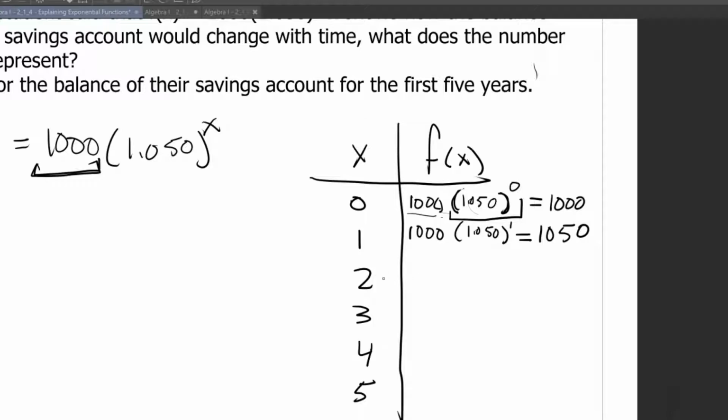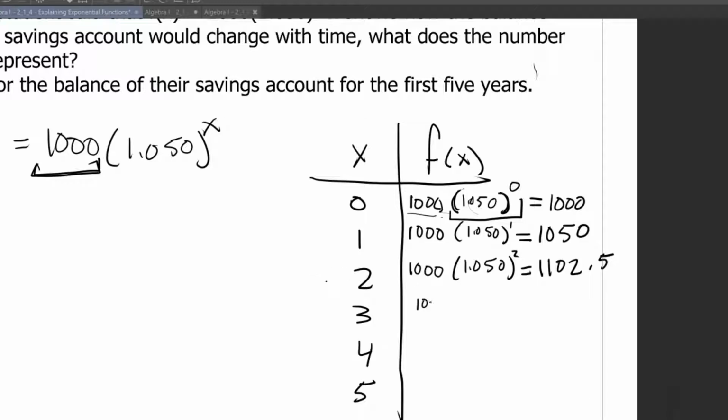Okay, now let's do this again. 1,000 times 1.050 to the second power, 1.050 squared times 1,000. This equals 1102.5, right? And that's year 2.